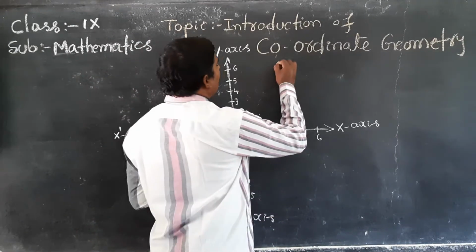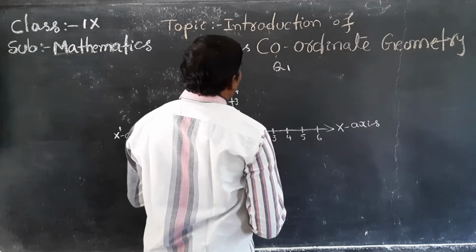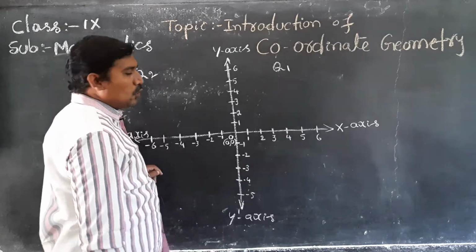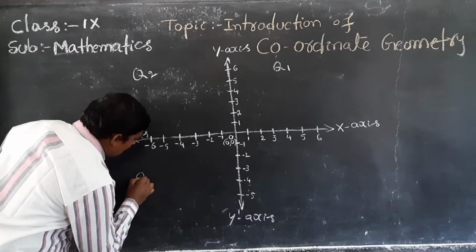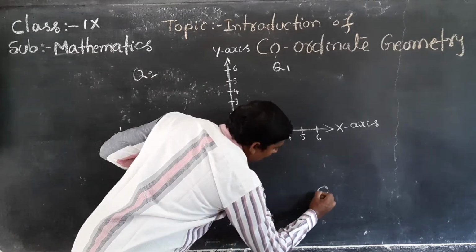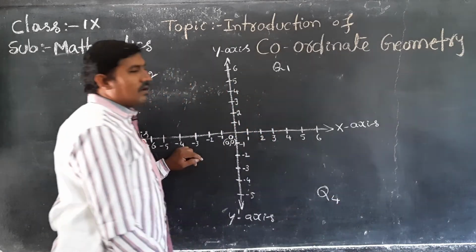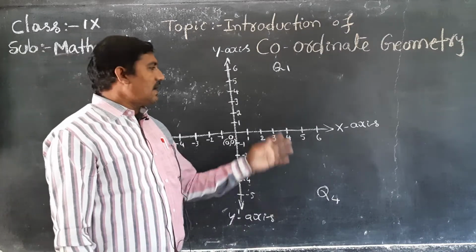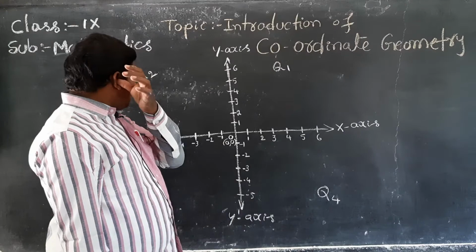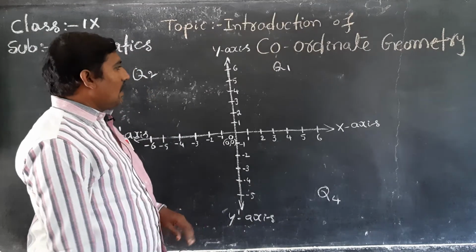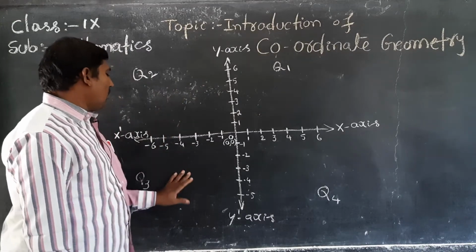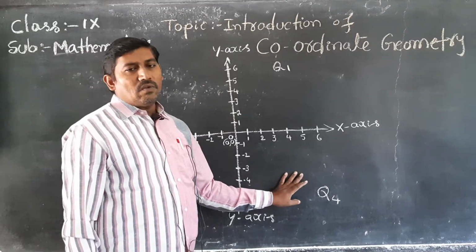So this is quadrant 1, Q1, this is quadrant 2, Q2, this is quadrant 3, Q3, and this is quadrant 4, Q4. Remember, in 8th class these were already completed in the introduction of graphs.